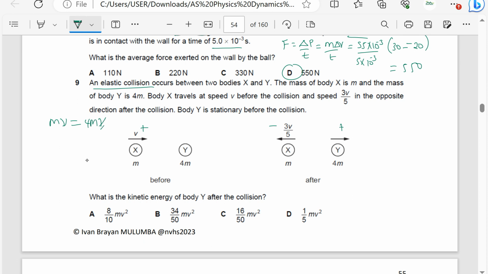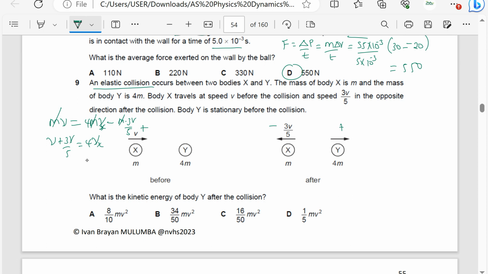I'll call it vx, minus, because this is in the opposite direction, so it will be minus m times 3v over 5. So we simplify this. m has cancelled, so I have v plus 3v over 5 equaling 4vx.